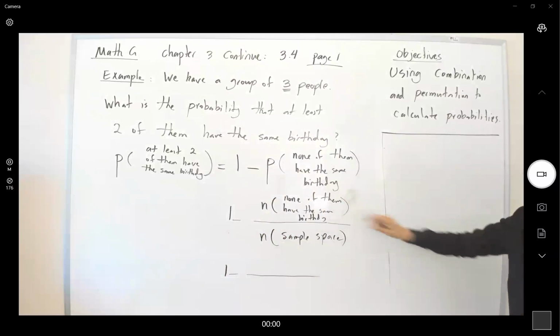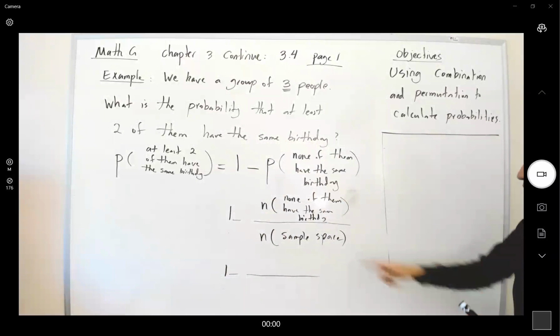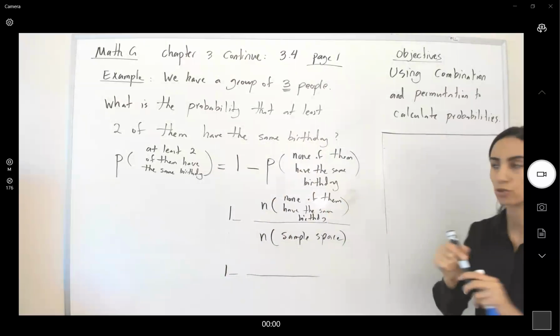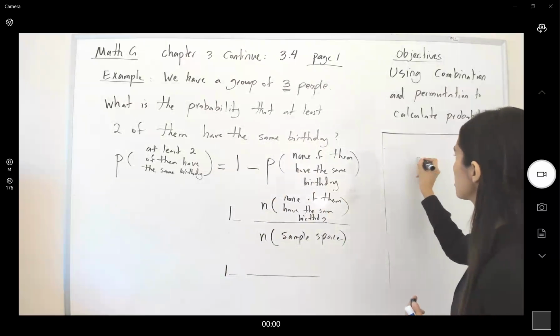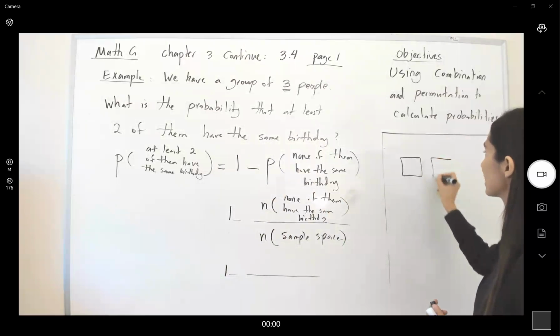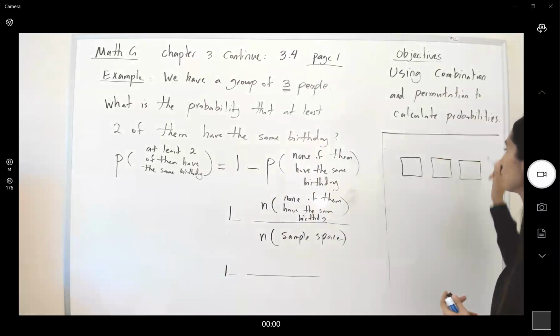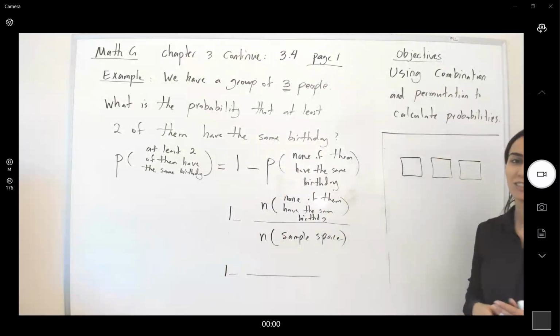None of them have the same birthday. You're selecting the first person. For the first person, how many options do you have? For the second person, how many options do you have? For the third person, how many options do you have? Isn't that familiar? Isn't that the permutation of 3 out of 365?